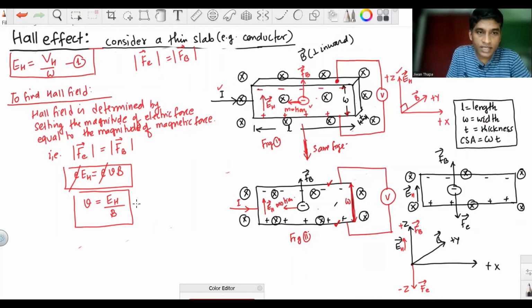This is equation second. Let's say electron is moving with drift velocity Vd along this direction. So we can write simply Vd. This is simply a notation, you don't have to be very sensitive. We can simply write V equals E by B also.